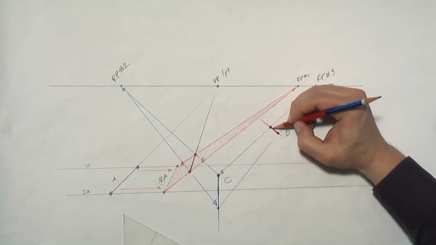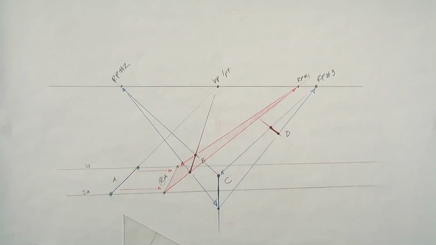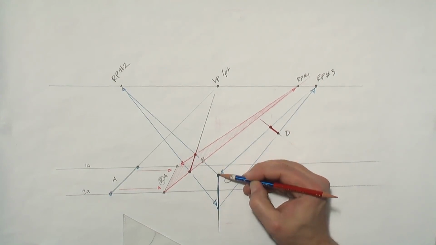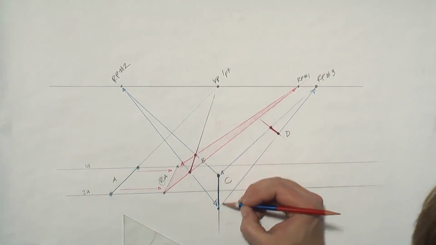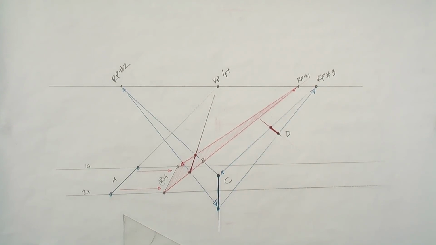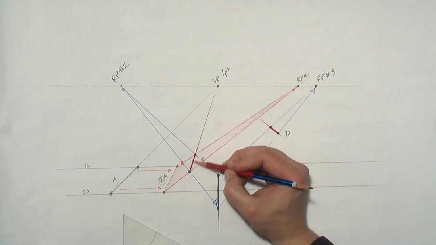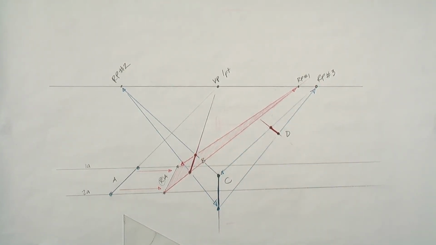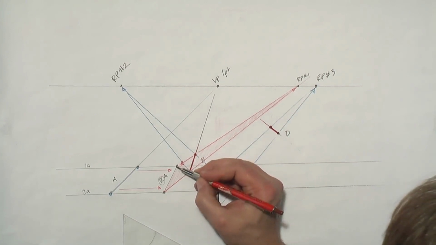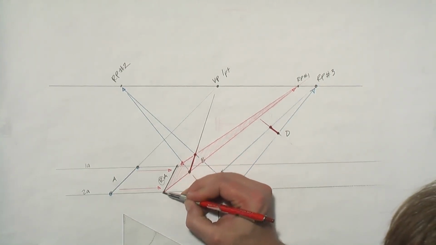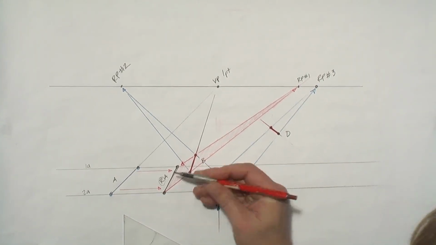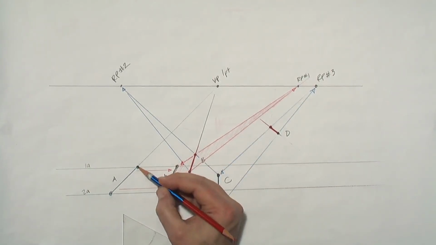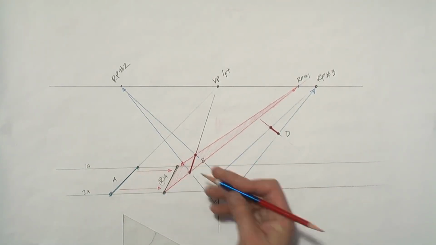So let me make the pipes really clear now. That's pipe D. This is pipe C. This is pipe B. This is reference pipe A. And this is original pipe A, which we made a reference plane from.